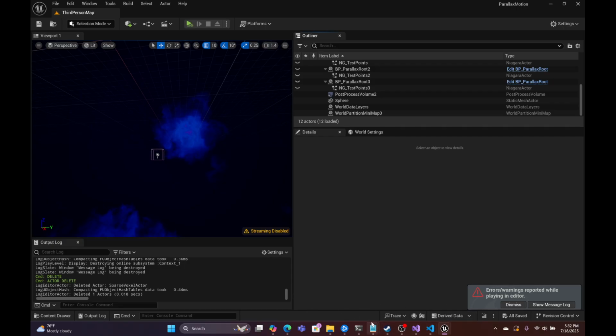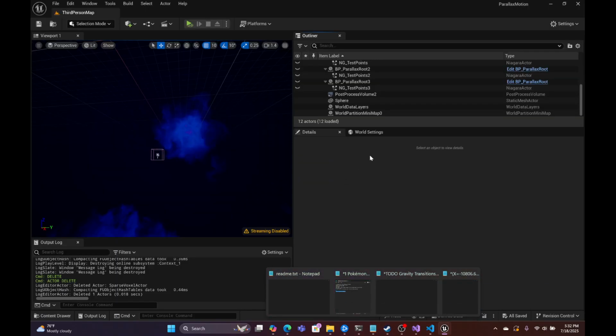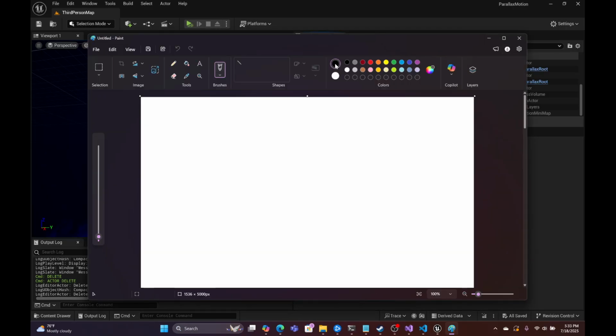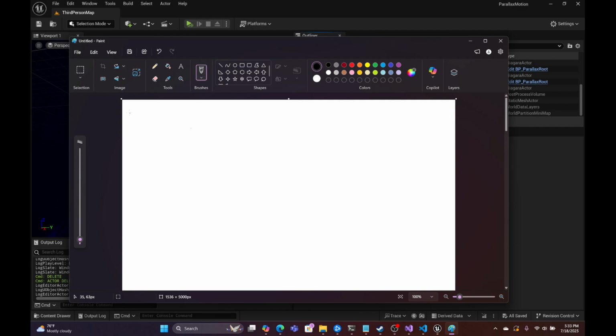All right, so we've got to figure out how to map octree layers. I need paint or something to scribble around in. Let's say 32 depth.